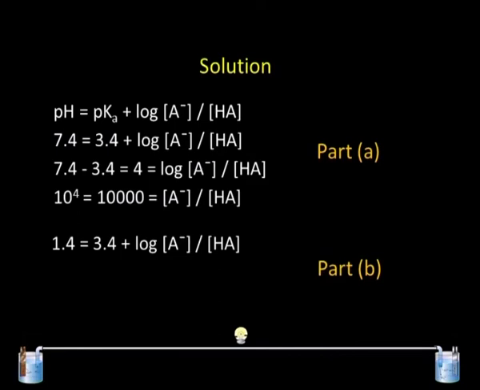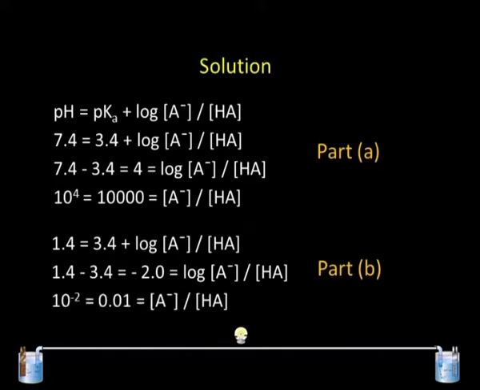Similarly, for part B, that is in the stomach, we can write pH is equal to 1.4, pKa we know is 3.4, and we can write 1.4 minus 3.4, which is equal to minus 2, is equal to log A minus divided by HA.